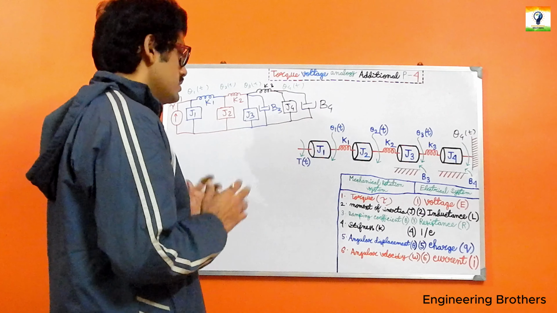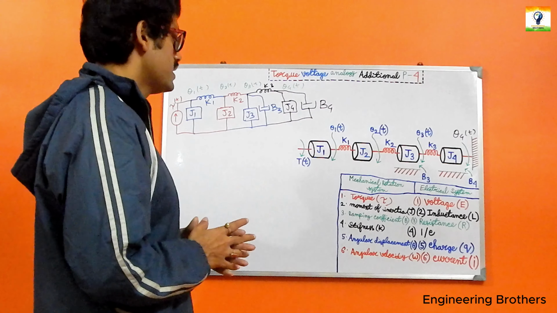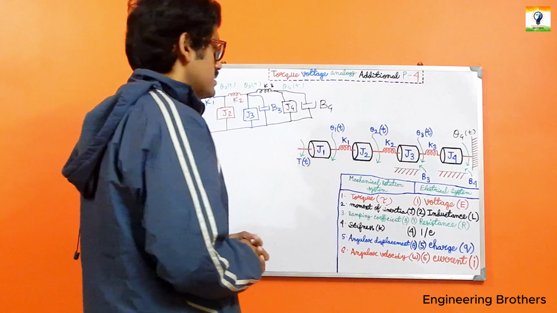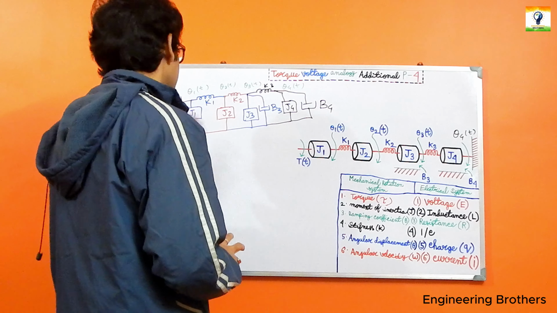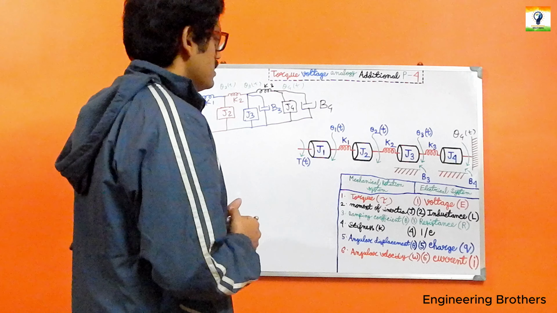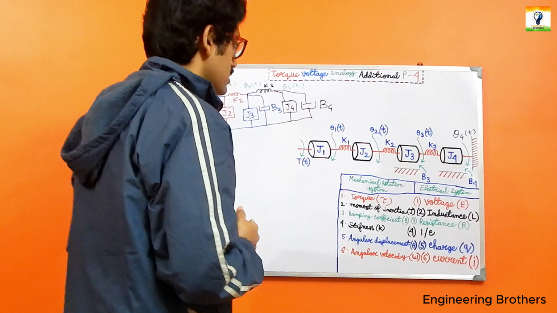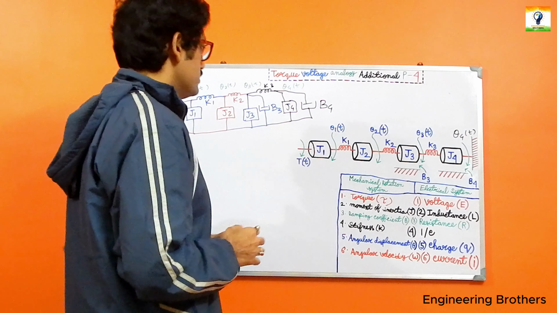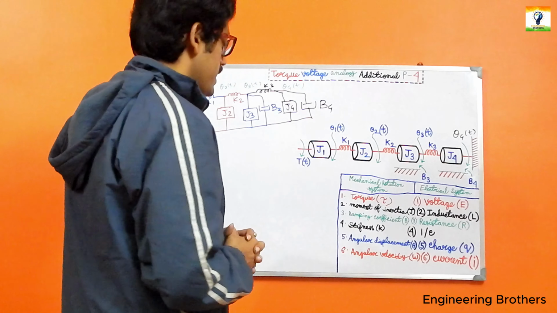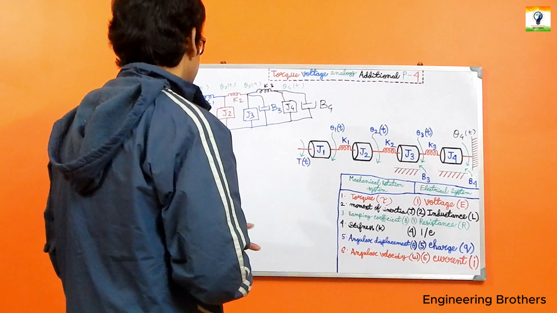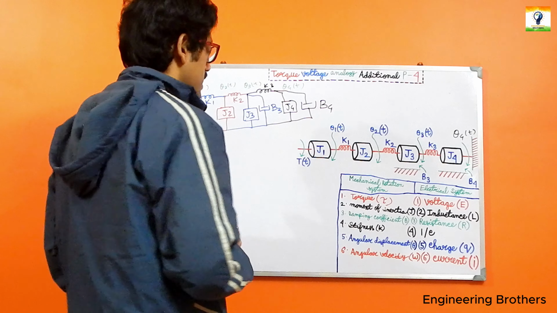And we have identified our angular displacement factors: the first one is theta 1(t), the second is theta 2(t), the third is theta 3(t), and the fourth is theta 4(t). We have included these angular displacement points for our consideration.